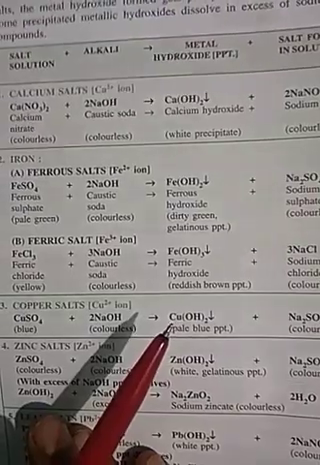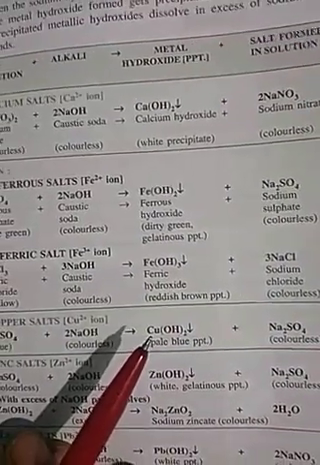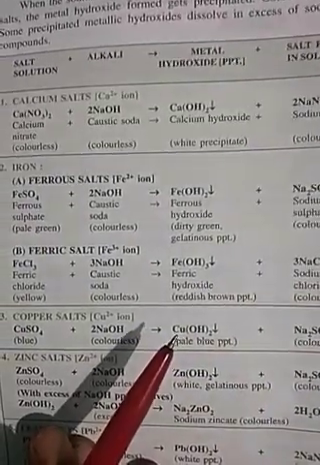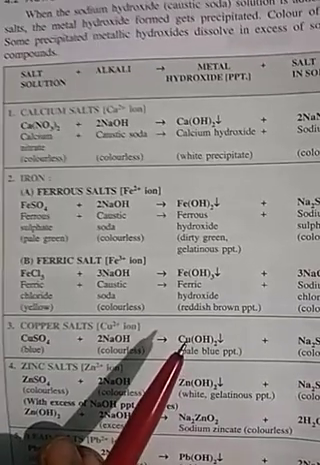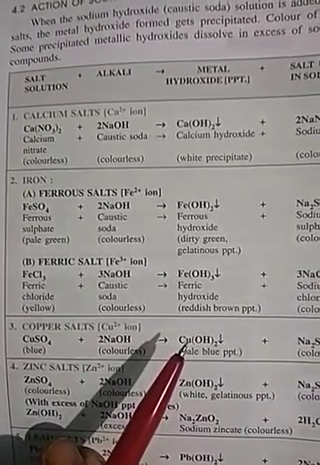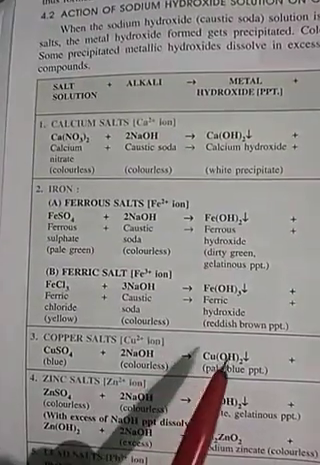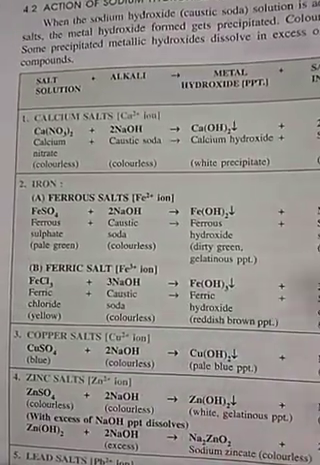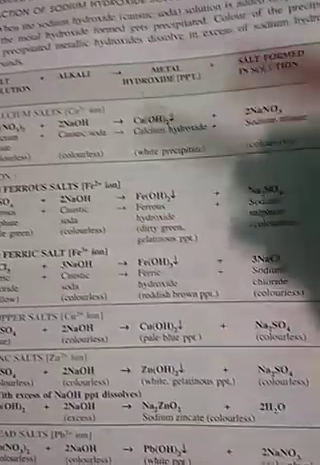Bluish means whether it is pale blue or dark blue, it will be the same. But if we know the exact color, dark blue, or we use ink blue, even in this year 2020, it was the same question. Here it forms an ink blue precipitate. These should be kept in your mind.